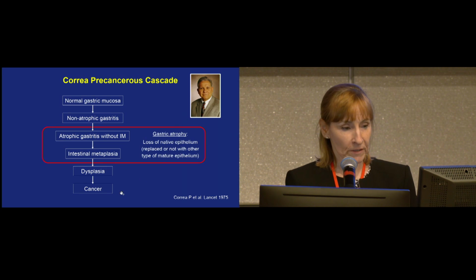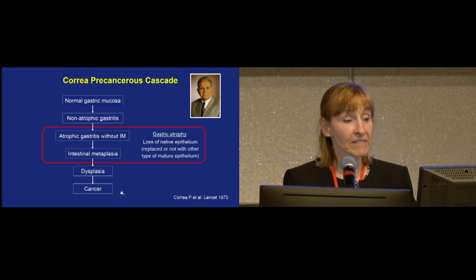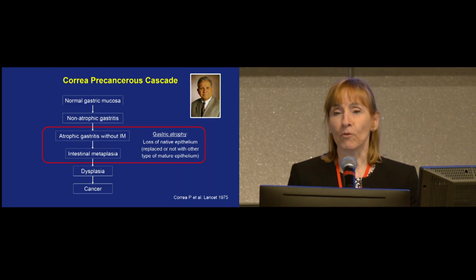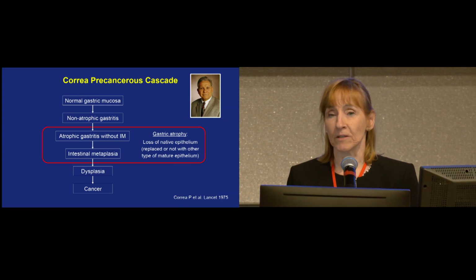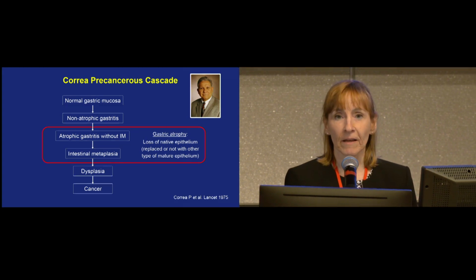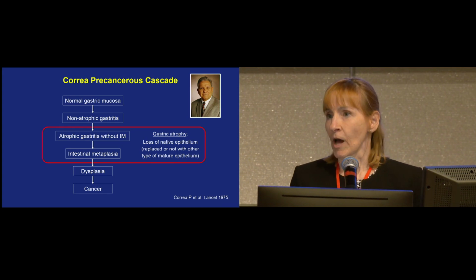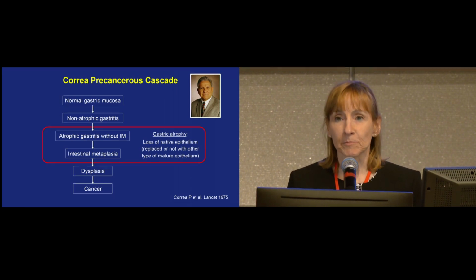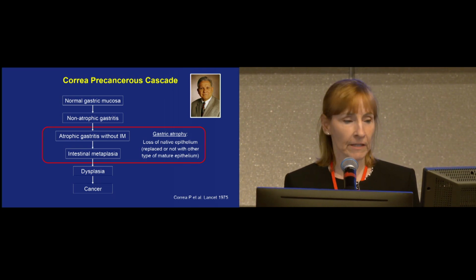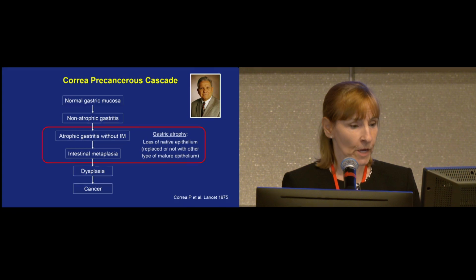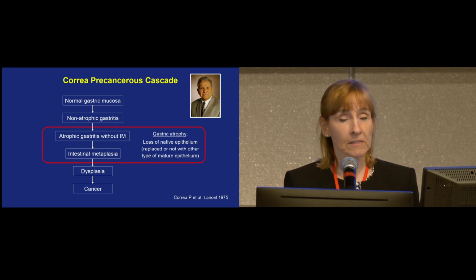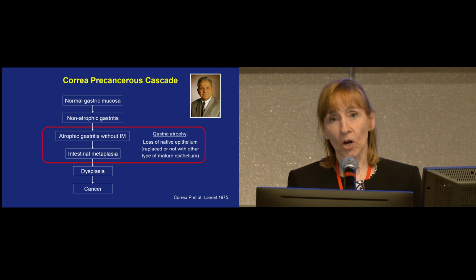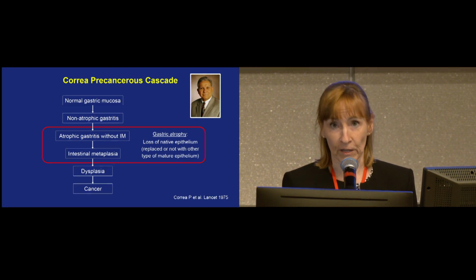And one thing that I wanted to emphasize is what is gastric atrophy. When you read a paper about gastric atrophy, you have to ask yourself, what is the investigator talking about? Atrophy without metaplasia, or atrophy in the big spectrum, including all the variants of atrophy. So gastric atrophy is defined as the loss of native epithelium, whether replaced or not by other type of mature epithelium.